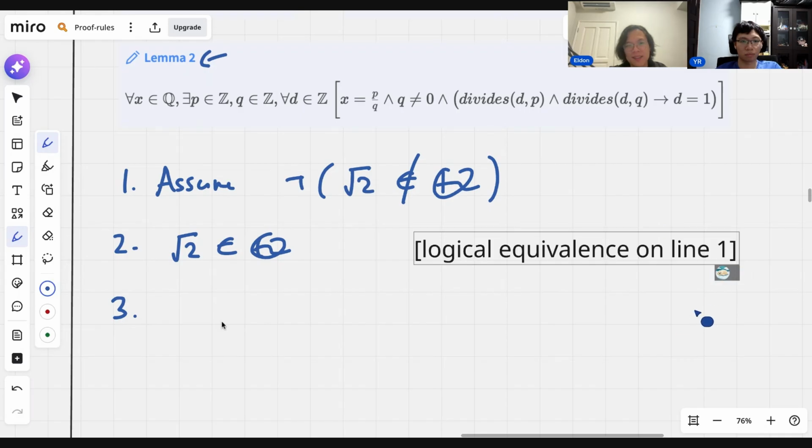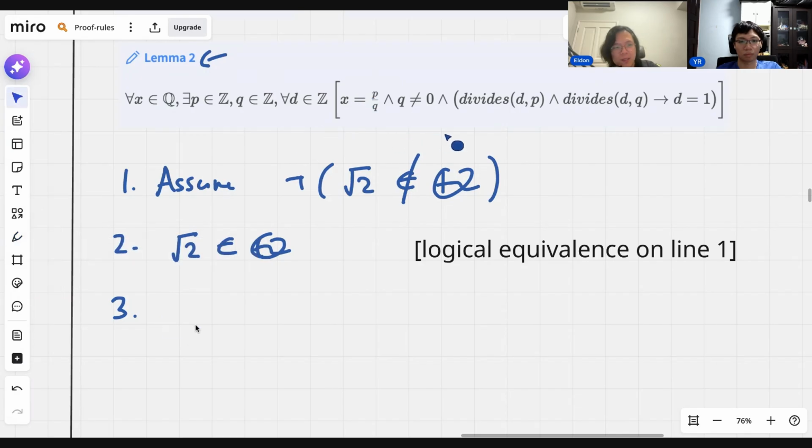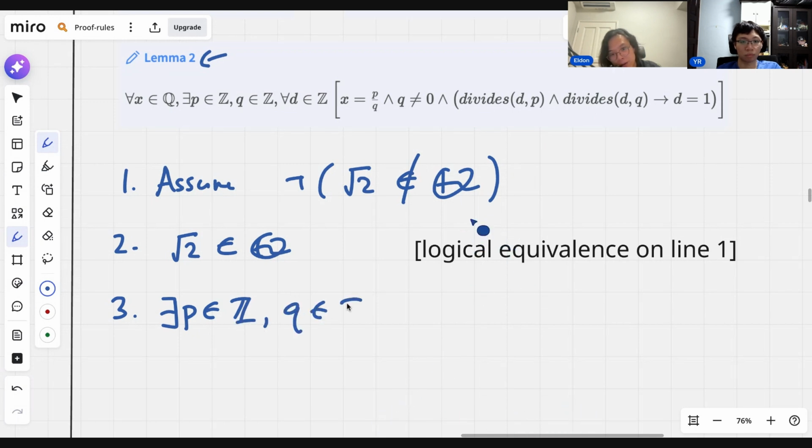Now what I'm gonna do is actually apply lemma 2 right out the gate. So I'm actually going to write root 2. Oh wait, sorry, I gotta do the rest of the statement. I'm gonna copy paste everything that exists onwards. So I'm gonna say exist P in Z, Q in Z. Now you're gonna see me shorthand a little bit, I'm gonna skip the exist here.